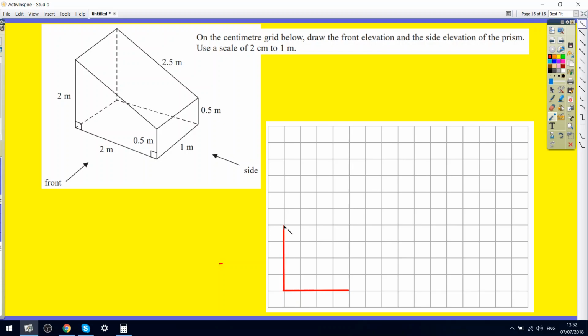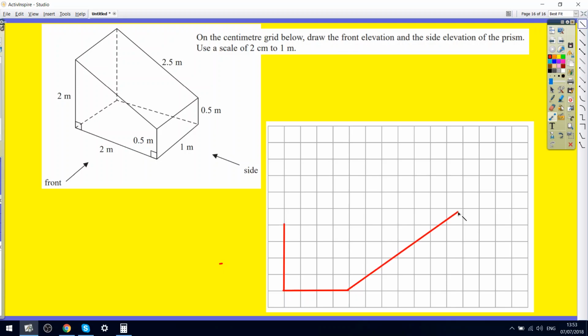And then 0. And then on the right hand side 0.5. So that means half a centimetre, I think. 2 centimeters is 1 meter. So 1 centimetre. Yeah. So that's 1 square.